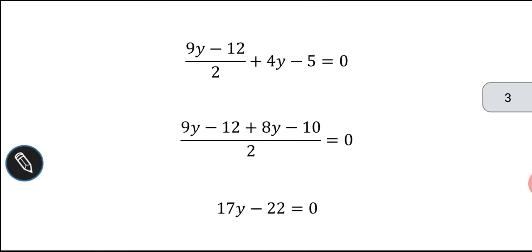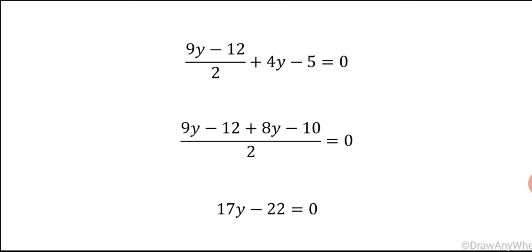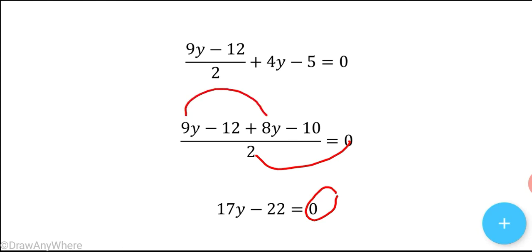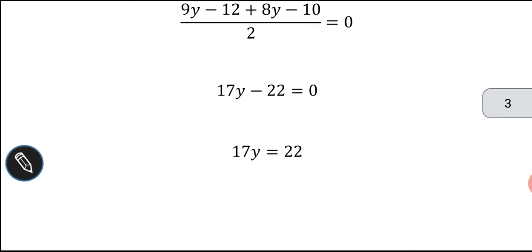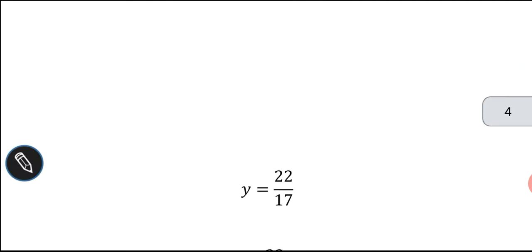So 2 into 0 is 0. 9y plus 8y equals 17y, and minus 12 minus 10 equals minus 22, which equals 0. So 17y equals 22, so y equals 22 divided by 17.